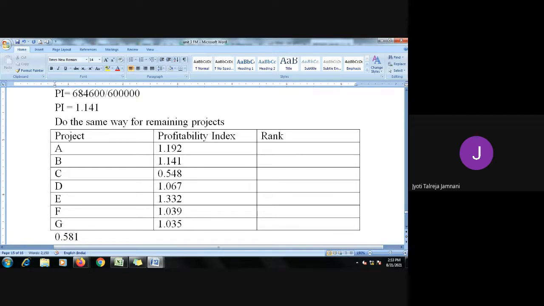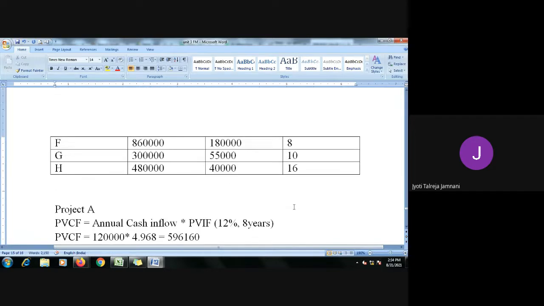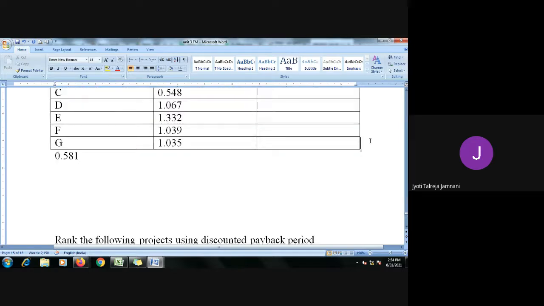So these are the, I think I must got something till H there. Okay. So there is project H as well.